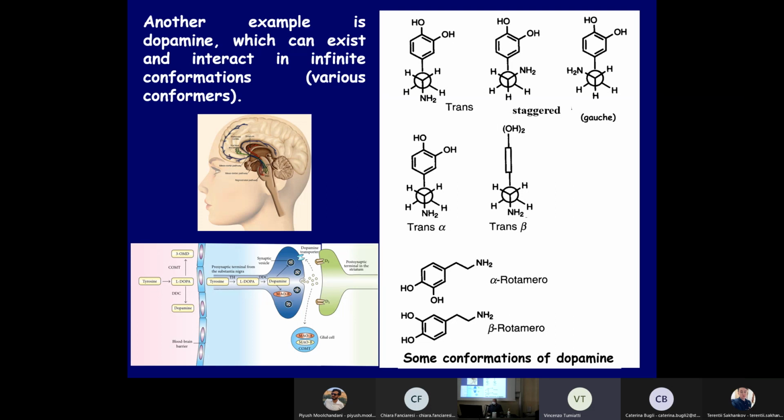Normally it is protonated at the physiological pH, and so dopamine is not able to cross the blood-brain barrier. It's too polar. If we administer dopamine orally, dopamine remains in the periphery, and we have only side effects, like vomiting, diarrhea, and so on. So it's not the right solution.